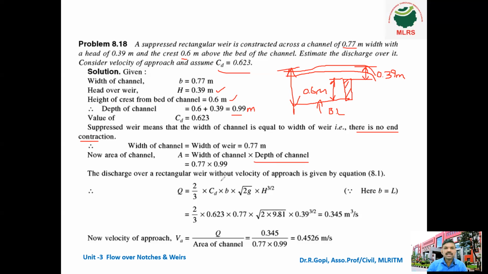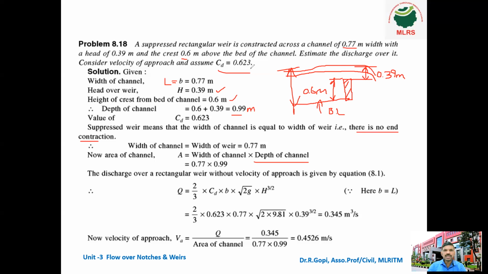So the discharge over the rectangular weir without velocity of approach. So first we have to calculate without velocity of approach. So Q is equal to 2 by 3 into CD L or B into root 2G h power 5 by 2. So here L or B, width equal to, sometimes they will say L or B, both are same. It is 0.77.